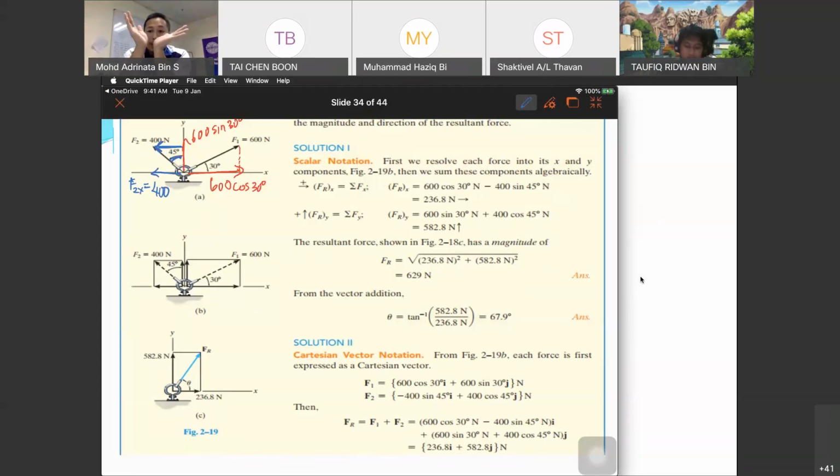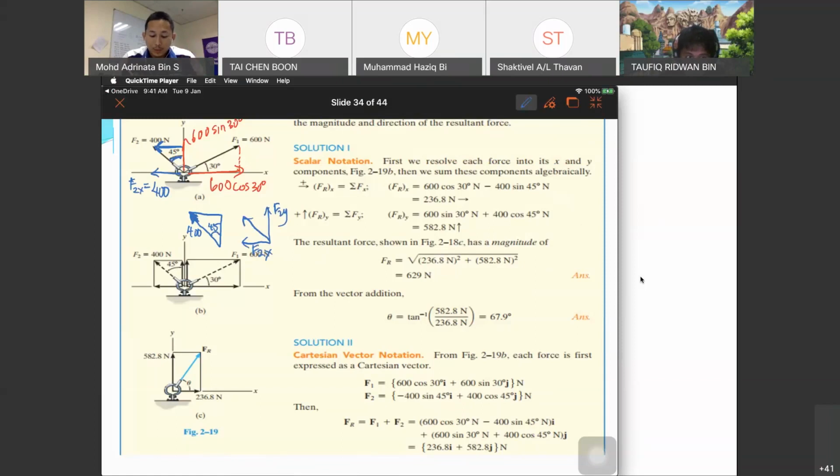Well, actually we separate it into X and Y, but in triangle X is like this. Okay, so this one is 45, this one is 400. So your triangle is that one, but in X Y Cartesian coordinate, okay, this is your F2Y and this is your F2X.